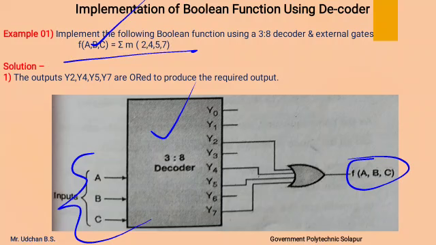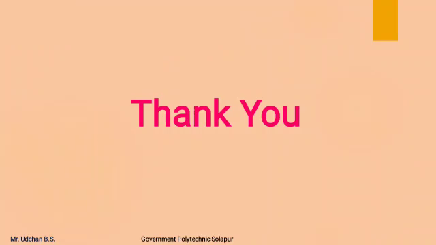We keep all the remaining output lines open. We have considered only the output lines which are given in the boolean expression. This is how we can use a decoder in the implementation of a boolean function. Thank you.